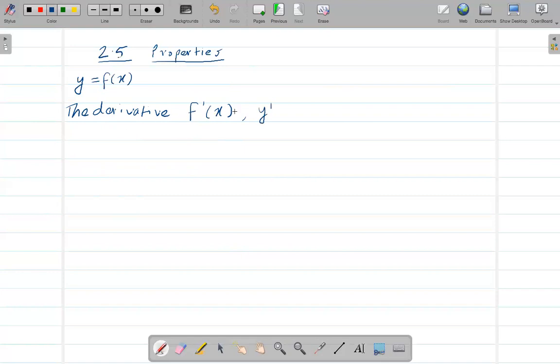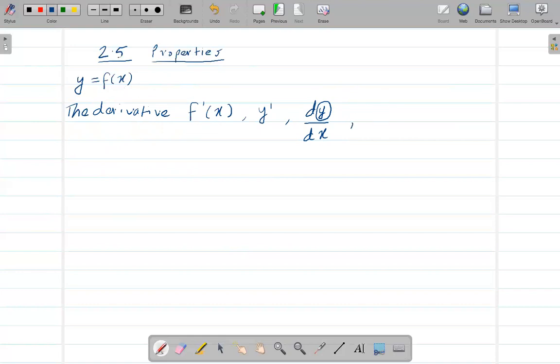So f prime of x, or y prime, or I can also say dy over dx. So here, this means I'm taking the derivative of y in terms of x. So if I write dy over dx, this also says the derivative of this function.